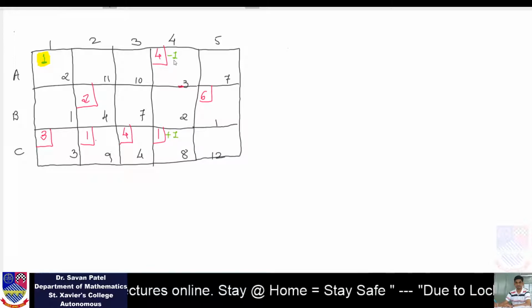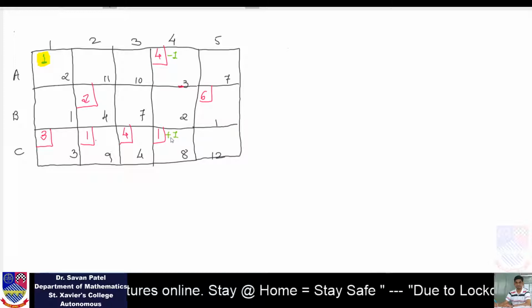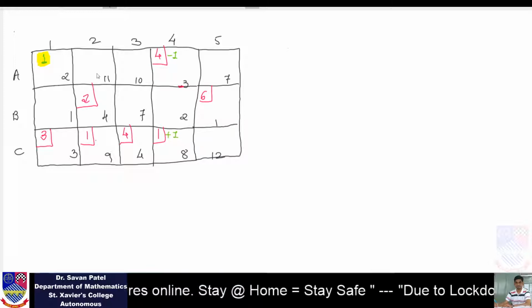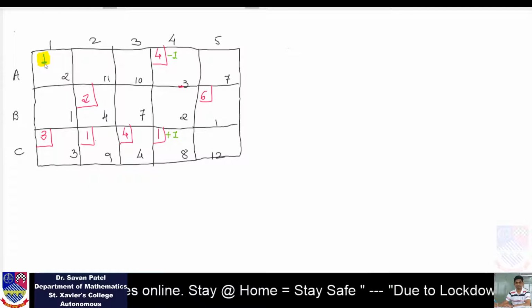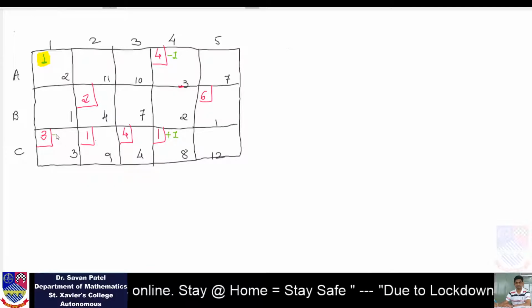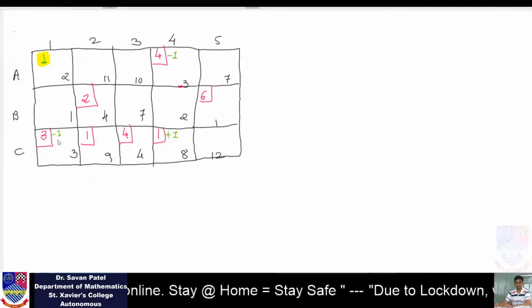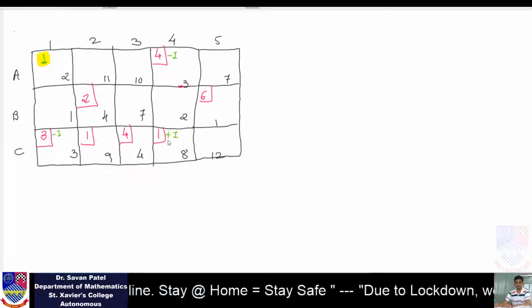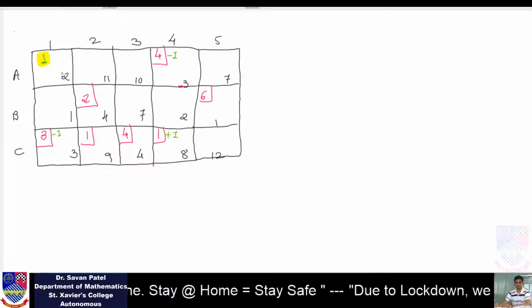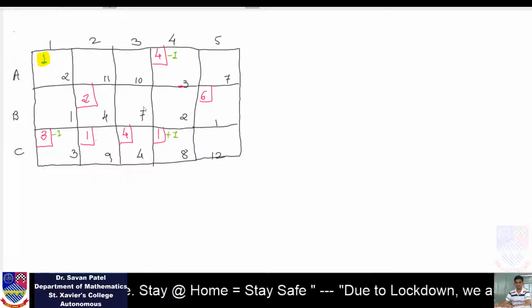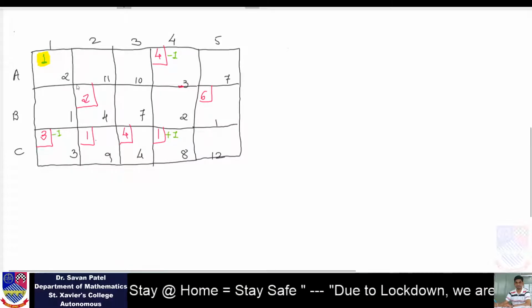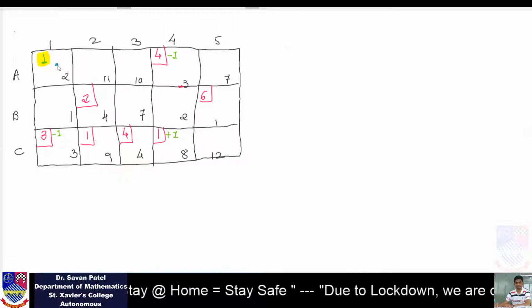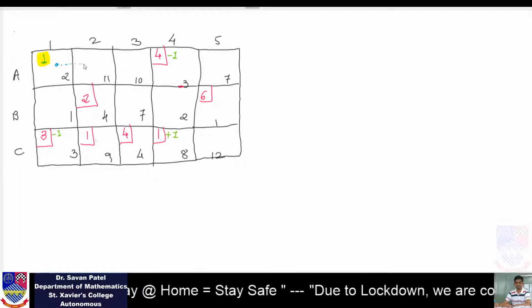And I have already subtracted 1 unit here, so I have to sum this one. Also, I have added 1 here, so I have to subtract 1 unit from here also. Since I subtracted 1 here and added 1 here, this is complete. You can think of it as a loop also. See here, the loop goes this way.